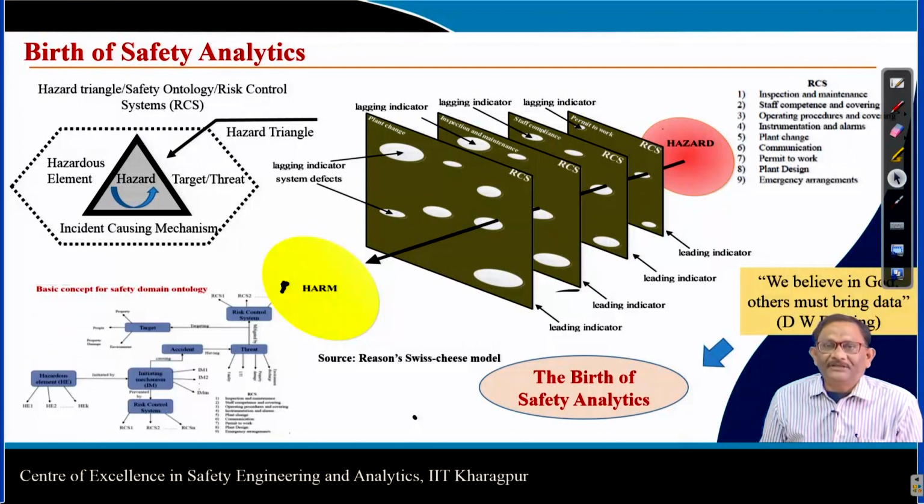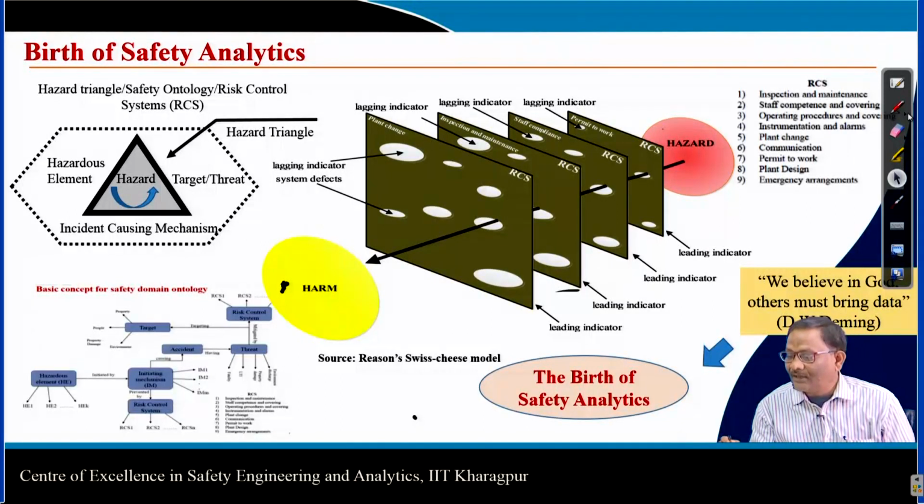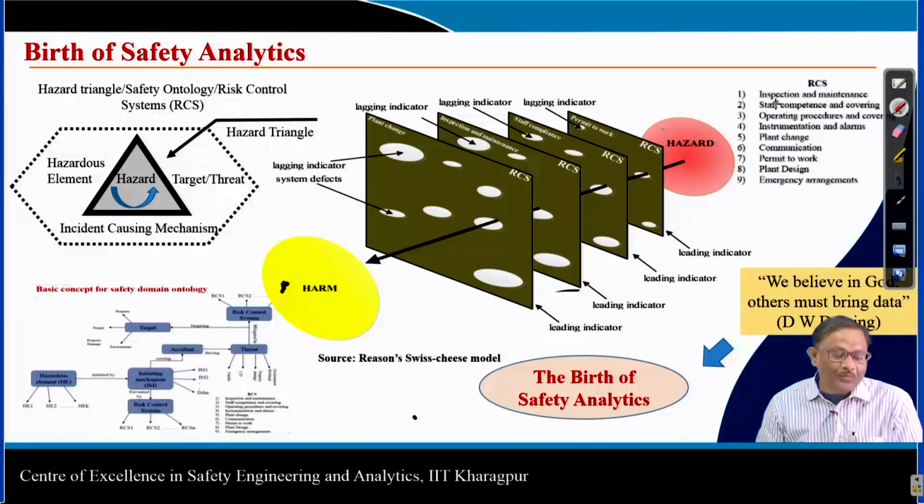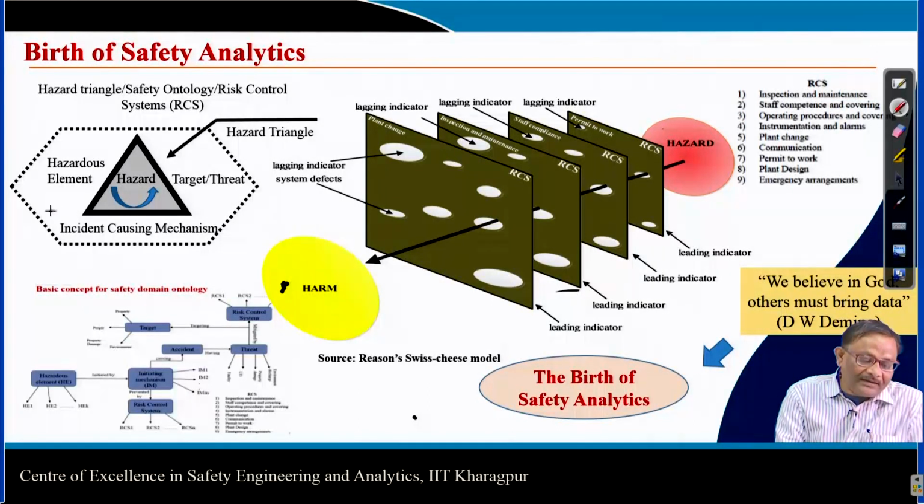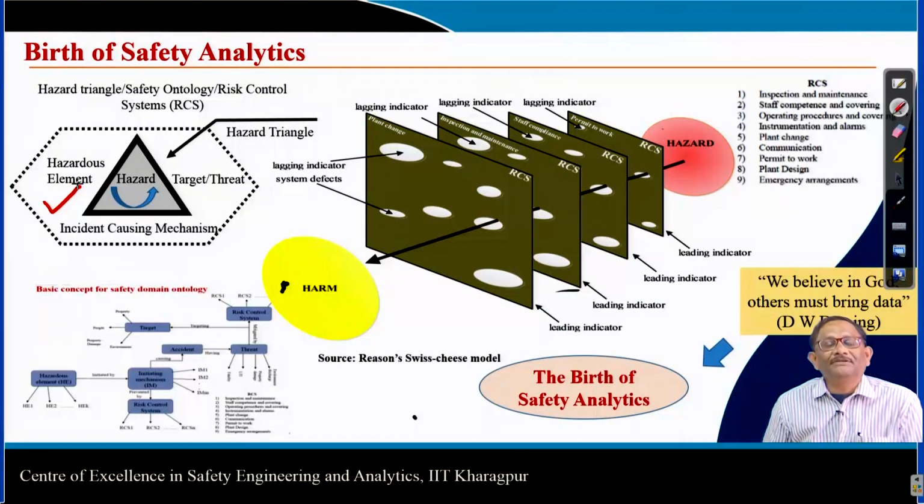Whatever we have discussed so far, in fact starting from my first lecture until now, I have jotted down in one slide. I said that you have to work with hazards. Then the hazard triangle concept is very important.